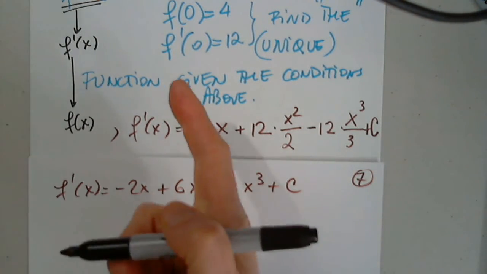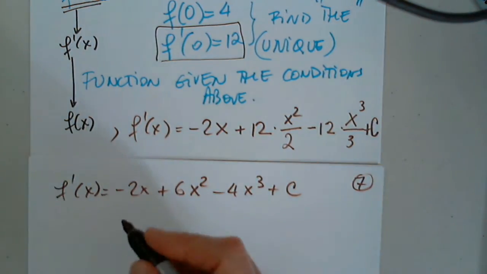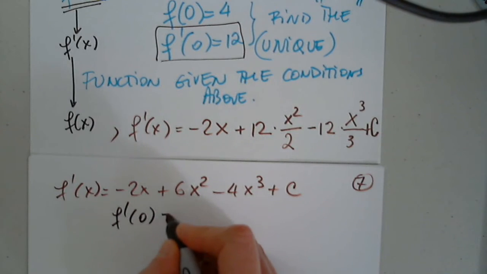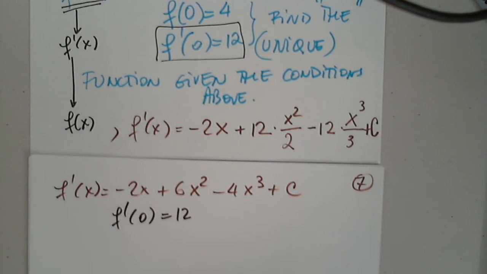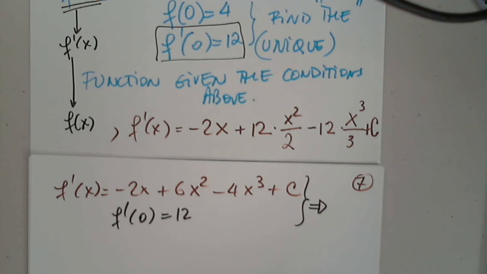Now, I am given a piece of information. I am told that f prime of 0 equals 12. What does that tell us? It's a critical number? A critical number is when f prime is 0 or f prime is undefined.